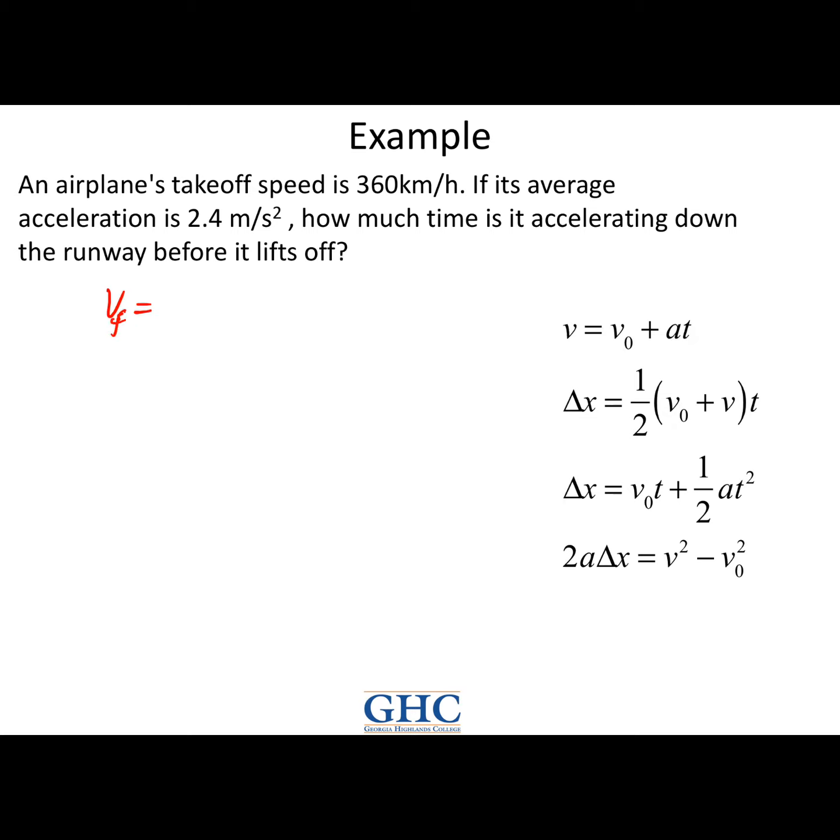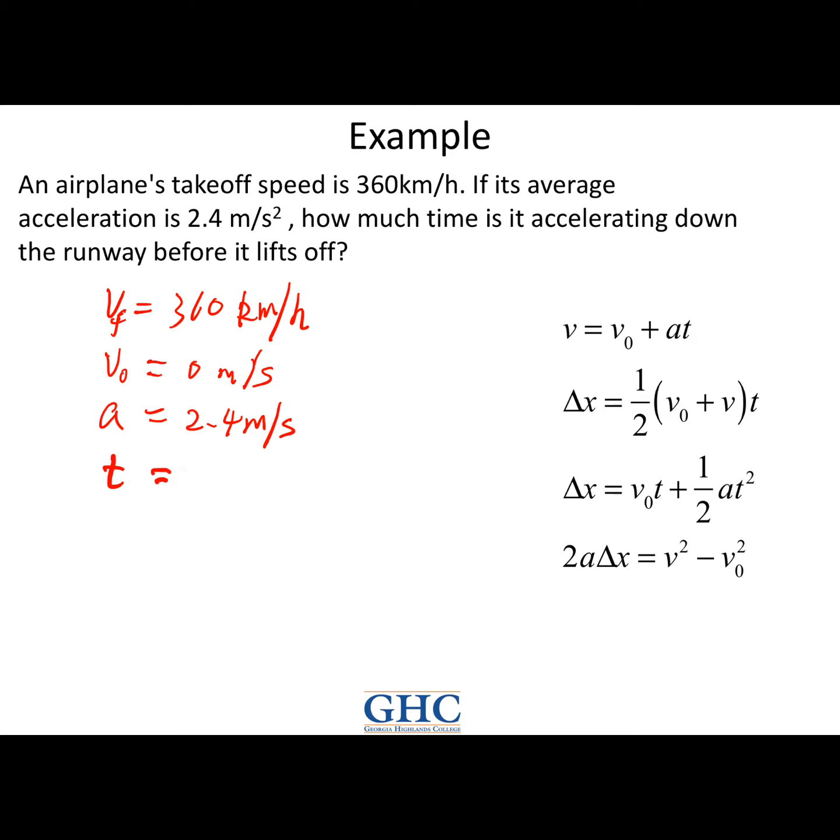Final velocity is 360 km per hour. Accelerating down the runway, it also implicitly gives us initial velocity 0 meters per second. It gives us acceleration 2.4 meters per second squared. It asks us for the time.